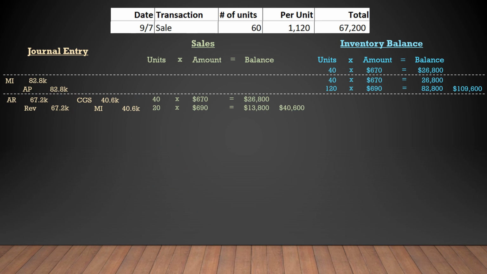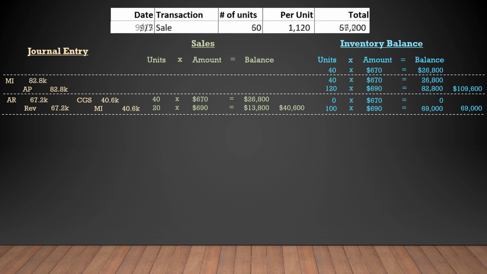How much inventory do we have left? We exhausted all of our beginning inventory, so we now have 0 units at $670 per unit. And taking the 20 units from that last layer leaves us with 100 units at $690 per unit, yielding a total merchandise inventory balance of $69,000.